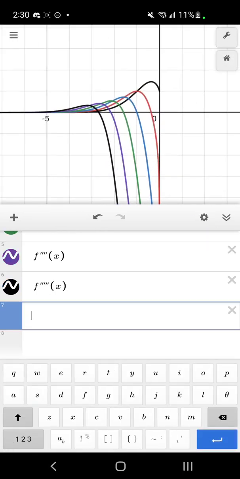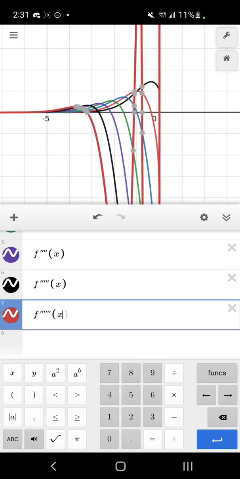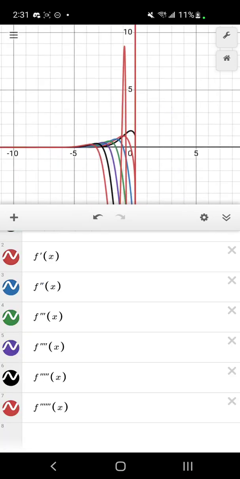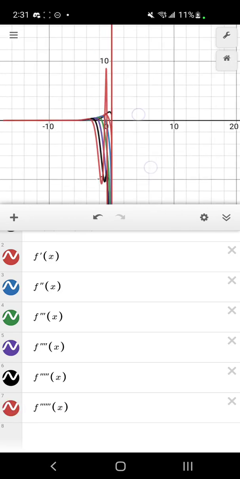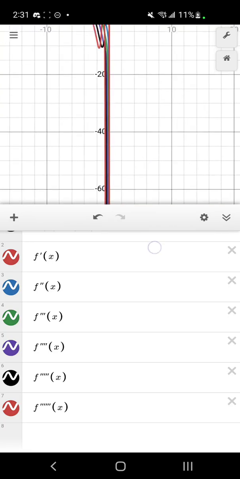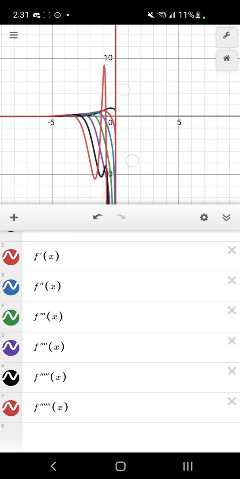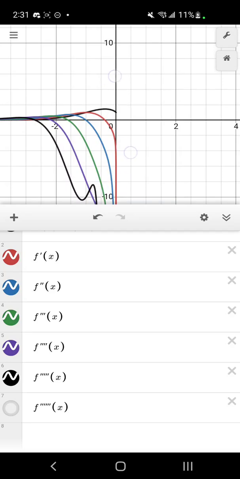Now, I haven't actually seen what happens beyond the fifth derivative, but I'm assuming things go really crazy once you hit the sixth derivative, because we have this super exaggerated bump here, followed by the function going down super steeply, and then it actually seems like it ends up coming back up again.